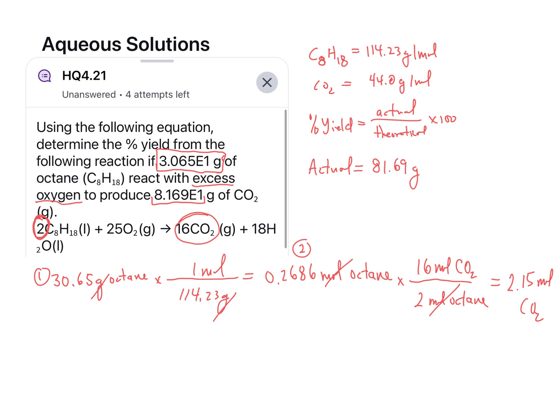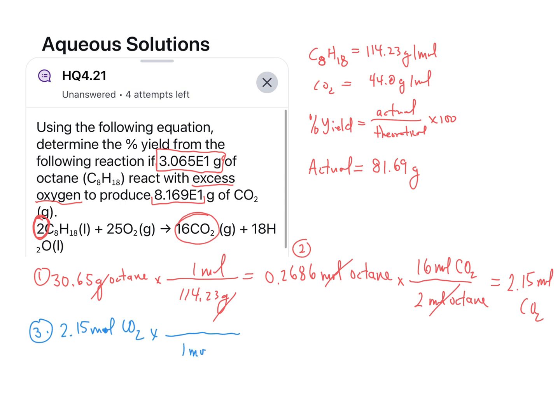So that was step 2 for us. All right, now we get to step 3. Now that I've got moles of CO2, I can convert that into mass of CO2. So we should make 2.15 moles of CO2. I need to find the mass of CO2 to get my theoretical yield from this reaction, right?